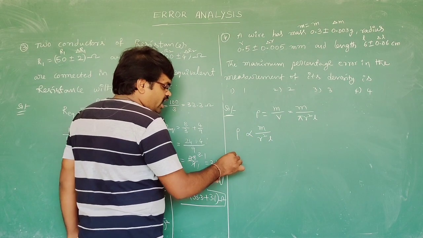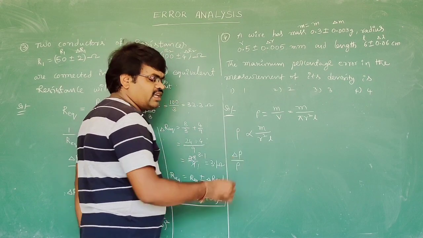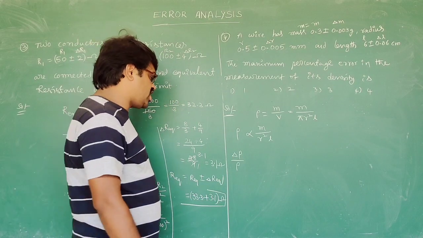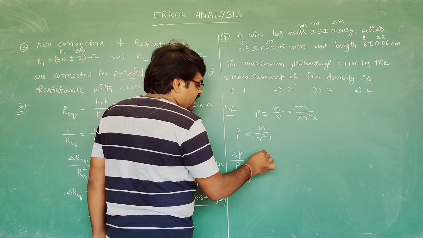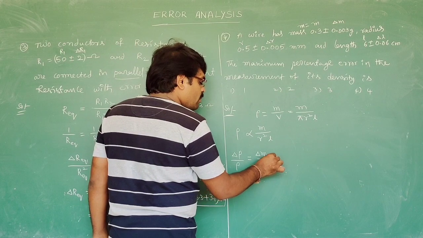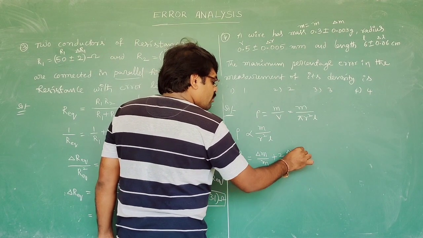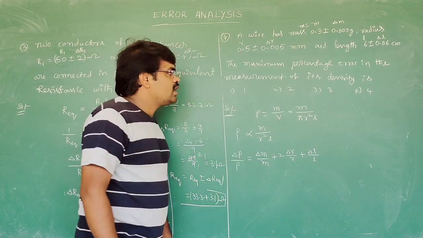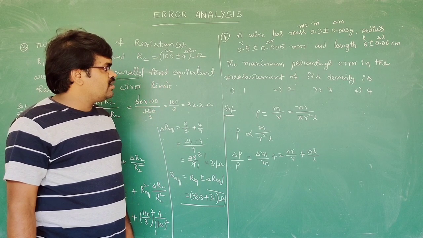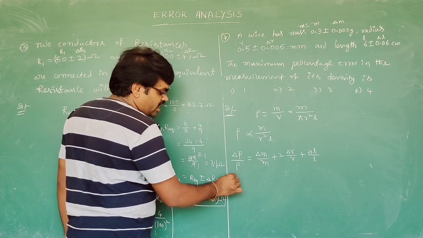That's why we write the relative error, the fractional error of the density. Relative error of the density is equal to delta m by m plus 2 into delta r by r plus delta L by L. They are asking percentage, so it's multiplied with 100.